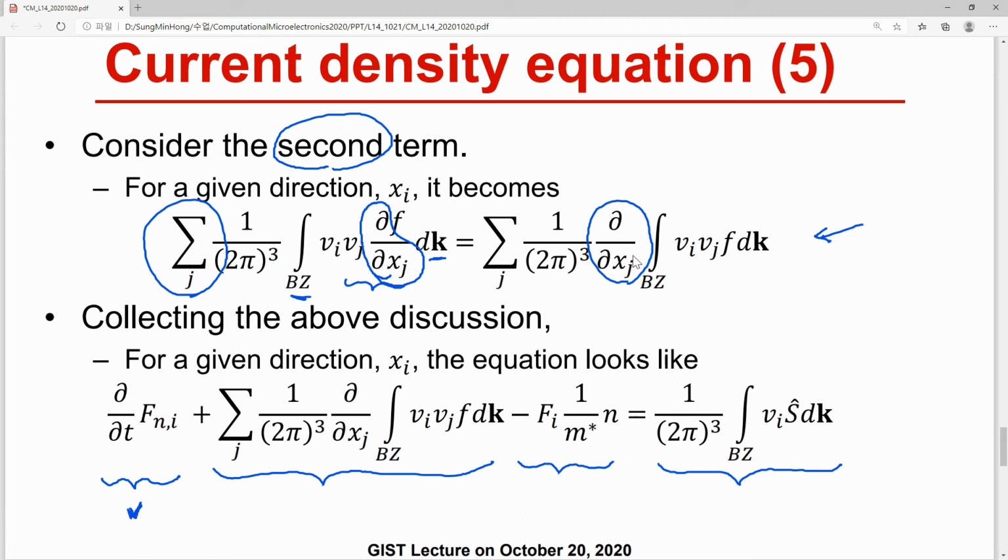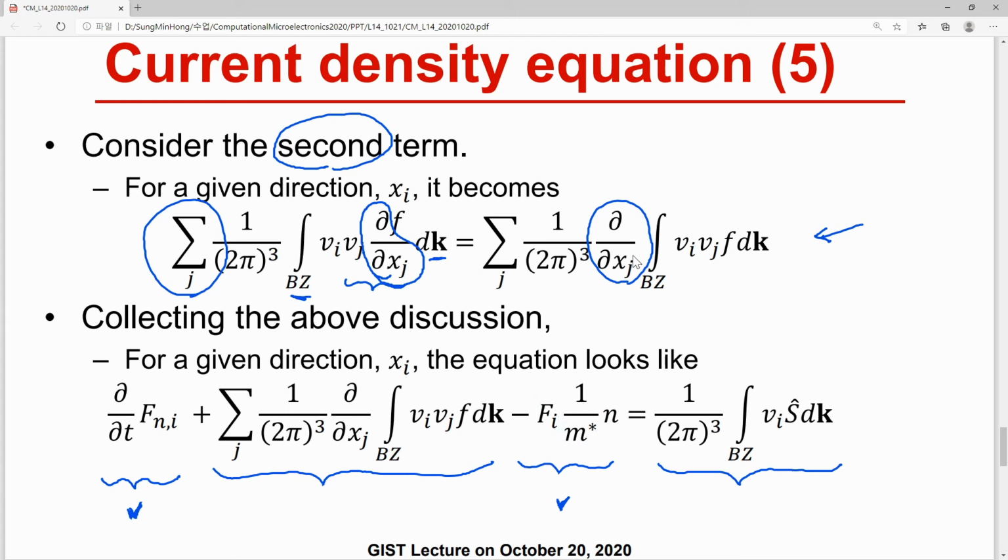And fortunately this term is also quite accessible. This is the xi directional component of the electric force, this is a constant inverse mass, and here is the electron density. All of them are quite accessible to us.